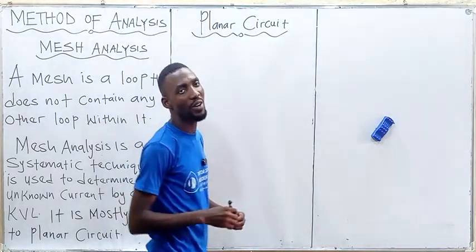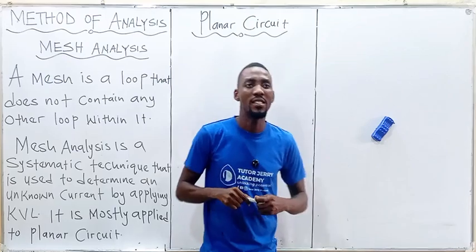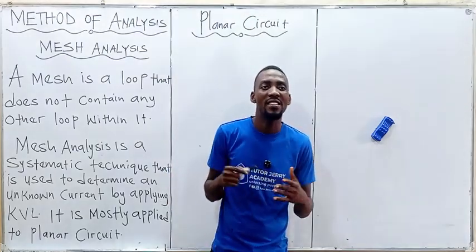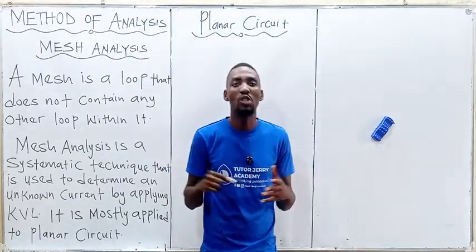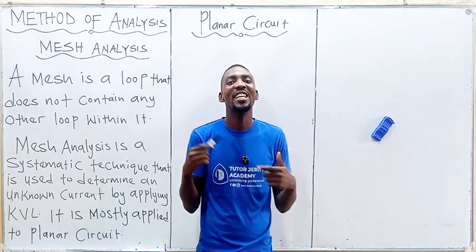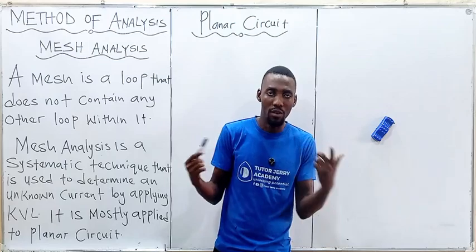All right. So if you are asked what a planar circuit is, a planar circuit is a circuit that can be drawn in a plane without any branch crossing one another.